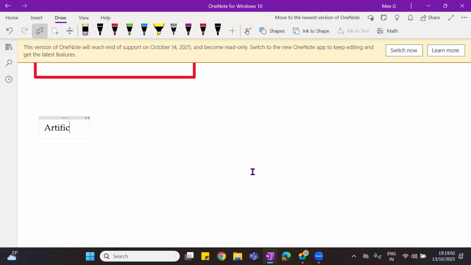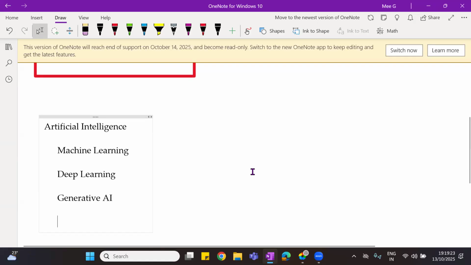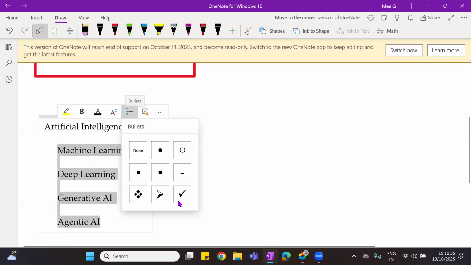Now, artificial intelligence has some core concepts. The first one is machine learning. The second one is deep learning. And there is generative AI and agentic AI. These are the different concepts involved inside this.